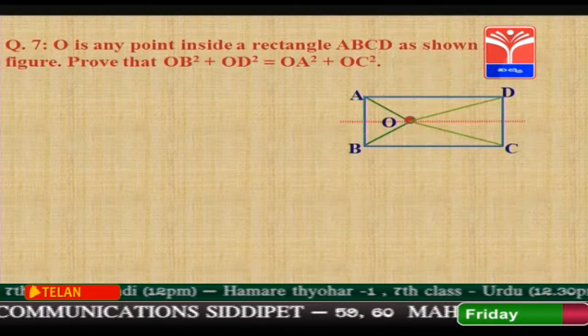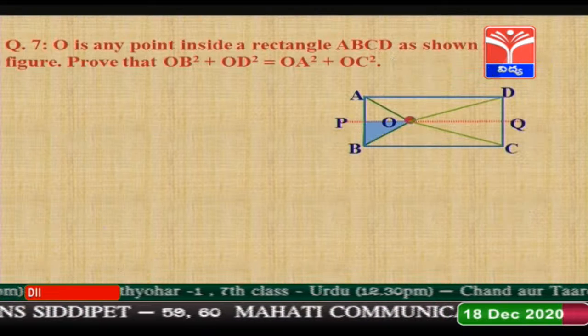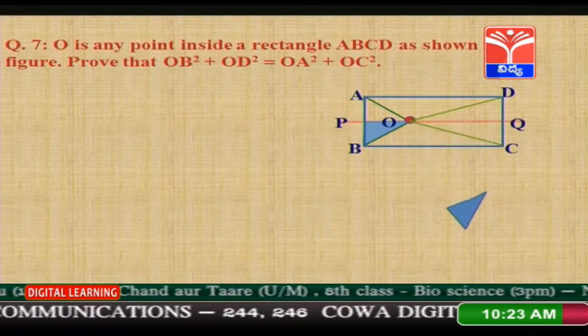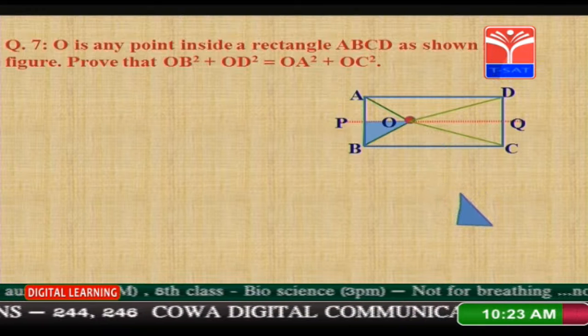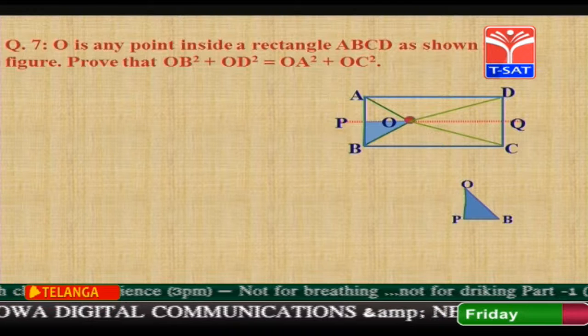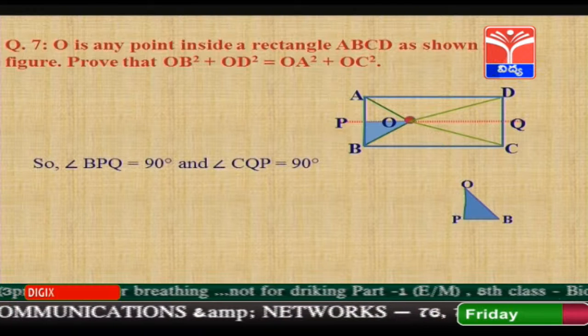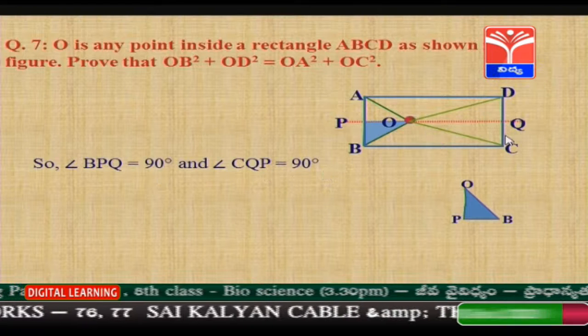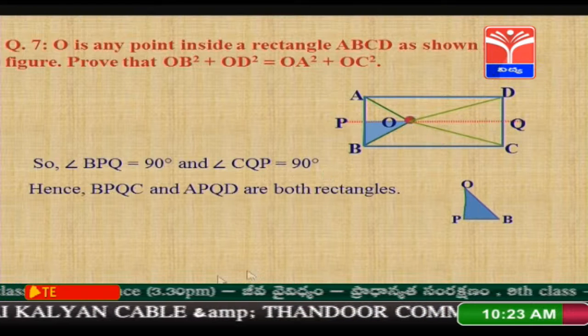See, I am taking this small piece here, dragging it here and rearranging it as a right angle triangle, and using Pythagoras theorem. So BPQ is 90 degrees and CQP is also 90 degrees.